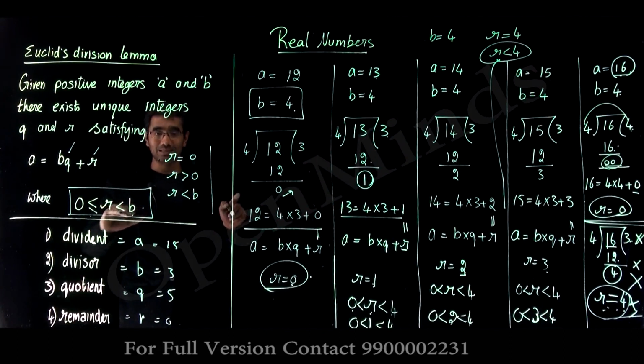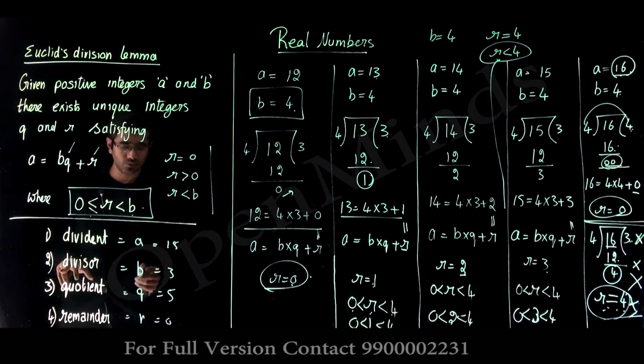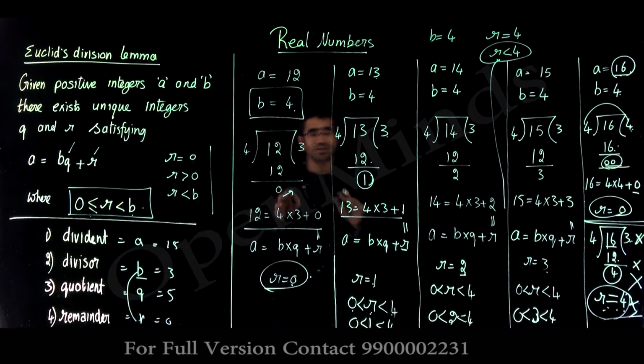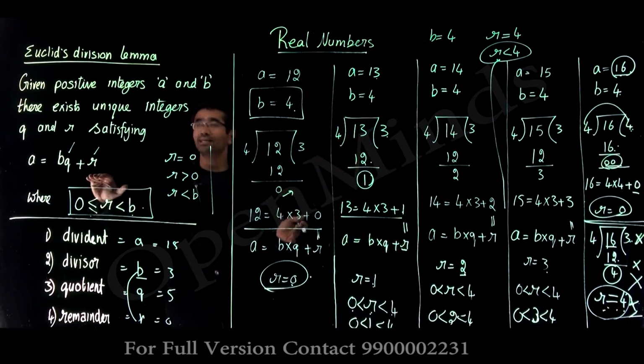It has to be less than B. B here in this case is nothing but the divisor, all right? So the remainder has to be always less than the divisor. If it is equal to the divisor or more than the divisor, it means your division is wrong. So we understand this, guys, very simple. Once we follow these rules and we can write this equation, what we get is nothing but the Euclid's division lemma. That's all about it.